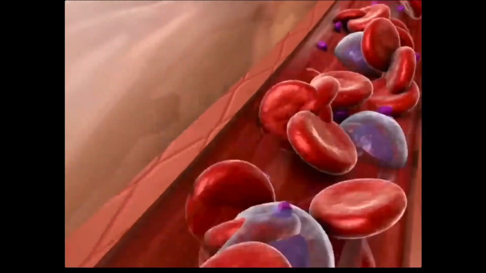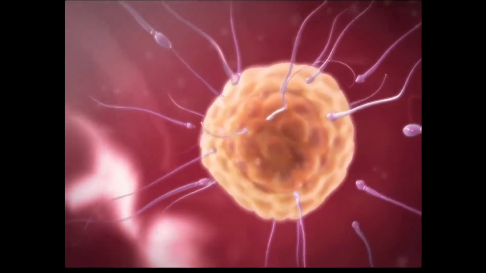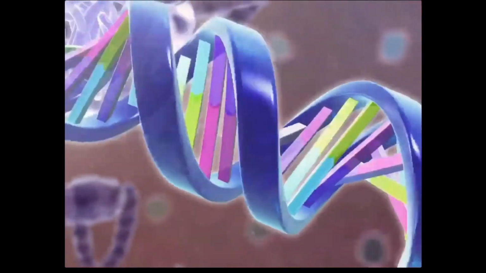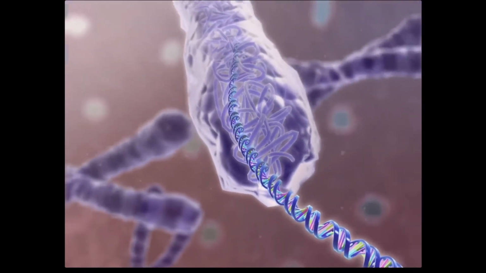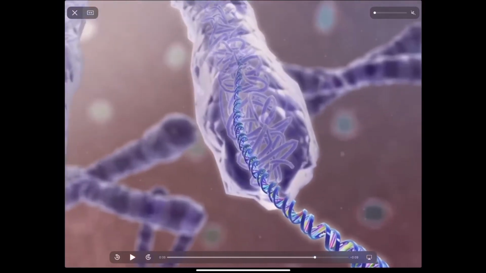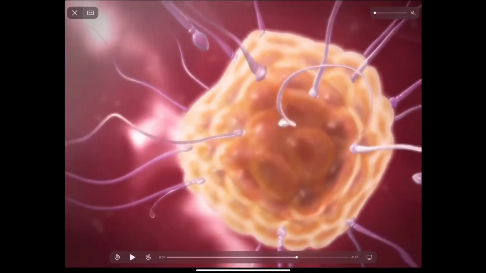We've come back to the blood vessel. And can you identify one of the cells that were just shown there? So if I go back, can you identify one of the cells shown here? So this is question 3.